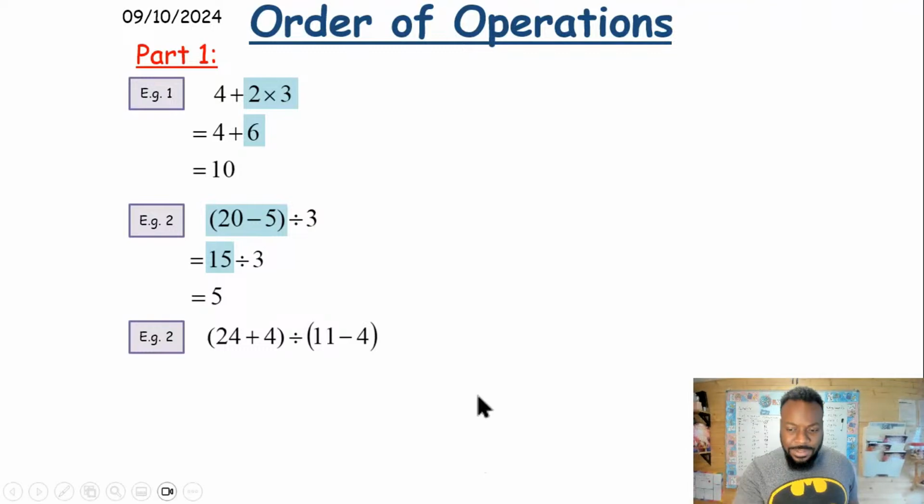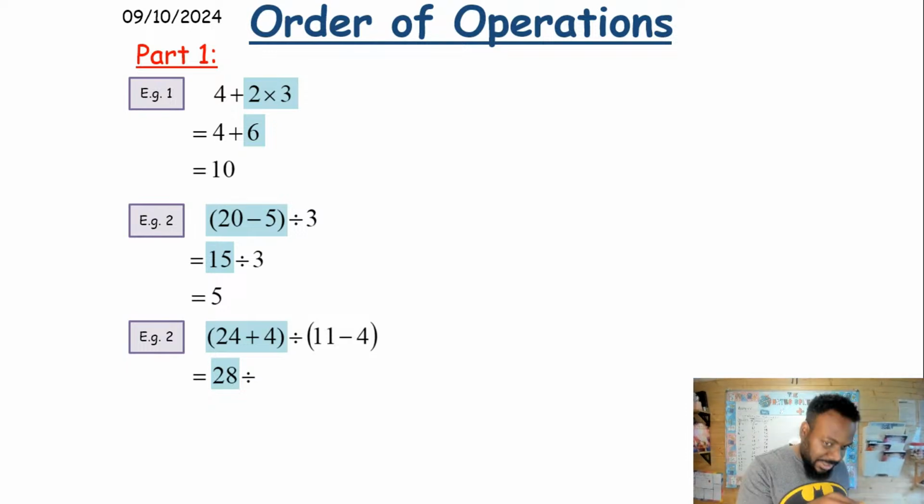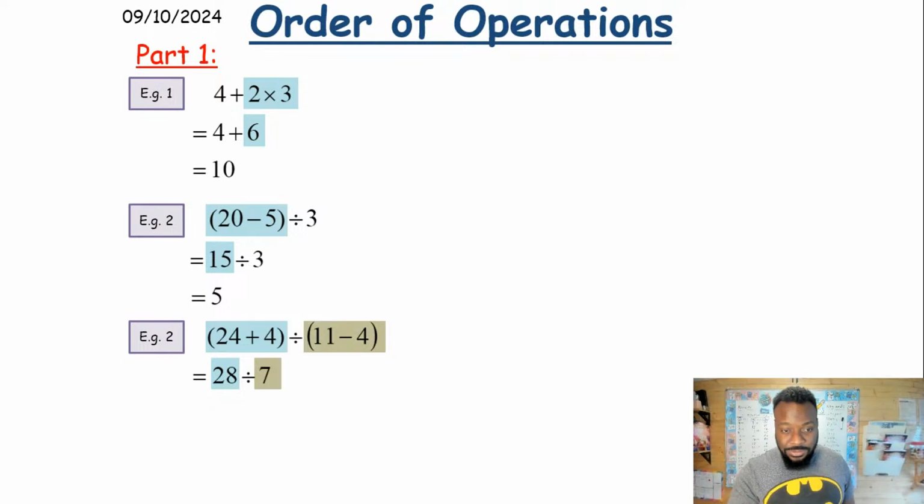And 0. Okay. So dealing with one side, we'll have to deal with the other side too, and then we'll put it either side of the division function next. So we're dealing with the brackets first. That comes down. Then we deal with the other brackets. That comes down. 28 divided by 7, 4. Okay, because 4 times 7 is 28.